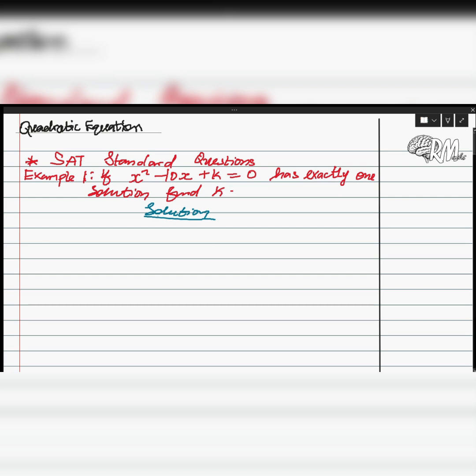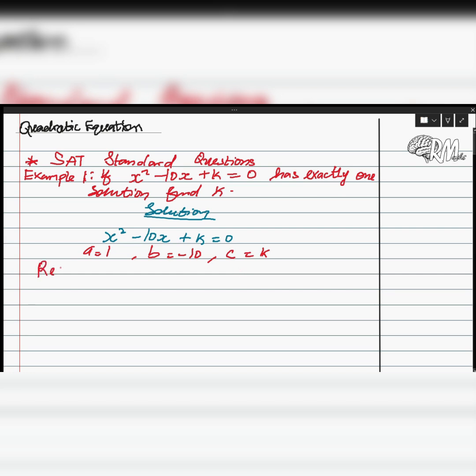So we write the question as x squared minus 10x plus k equals 0. Then we take our a, b and c. We have a to be 1, b to be minus 10 and c to be k.